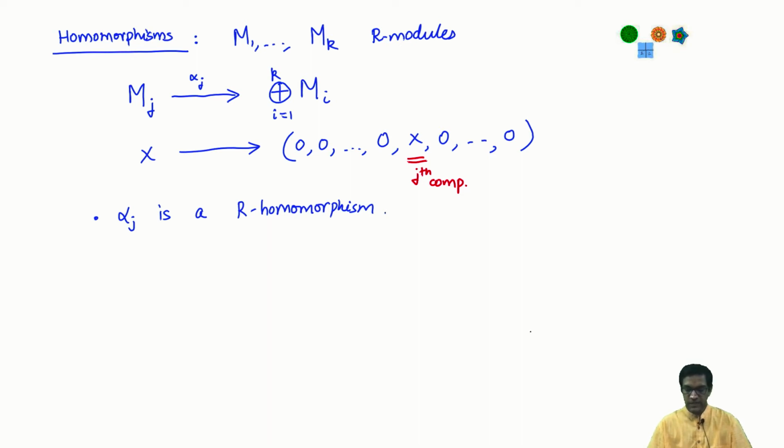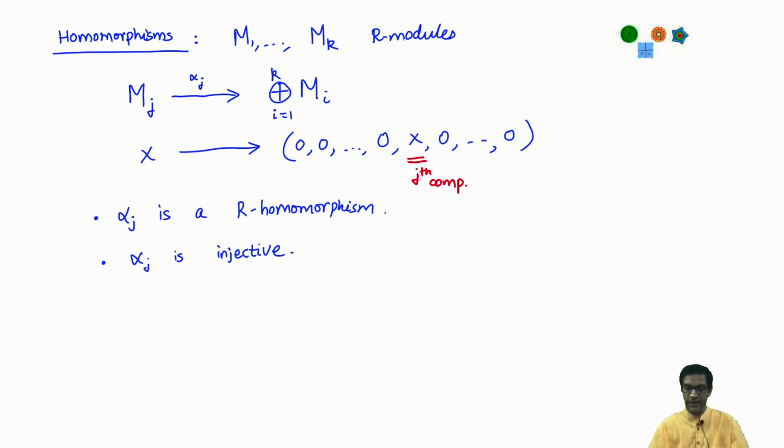So alpha_j is in fact a homomorphism, and what's more, alpha_j is injective. In other words, it's a one-to-one map. That's again clear because x maps to the tuple with x in the jth component, so two different things can't map to the same thing on the right side.